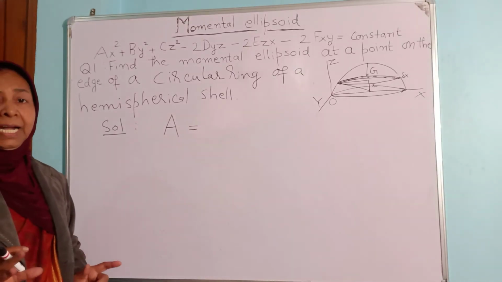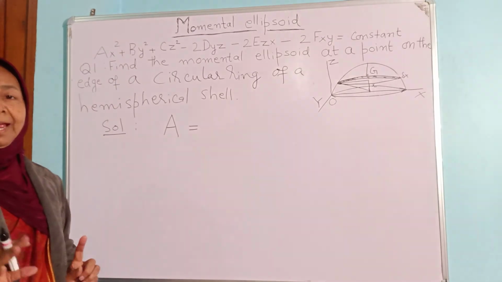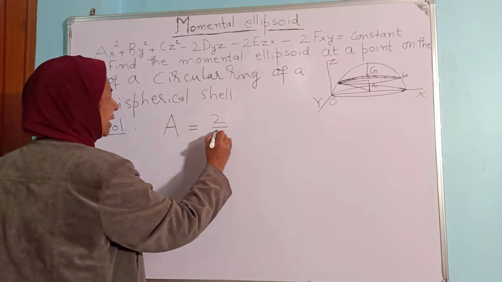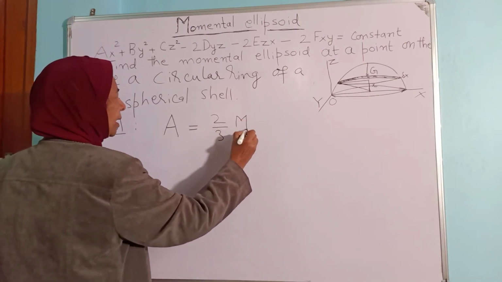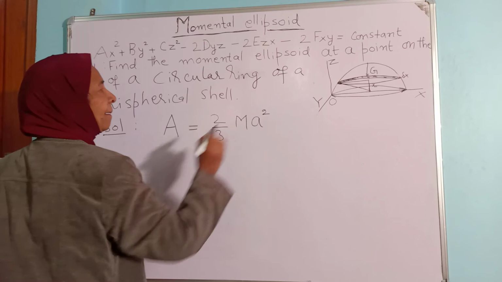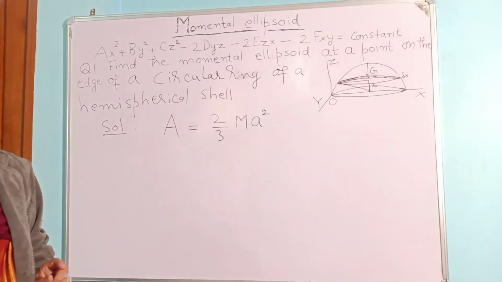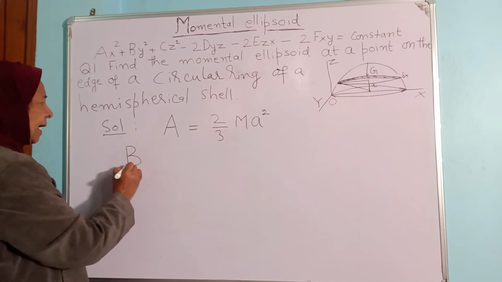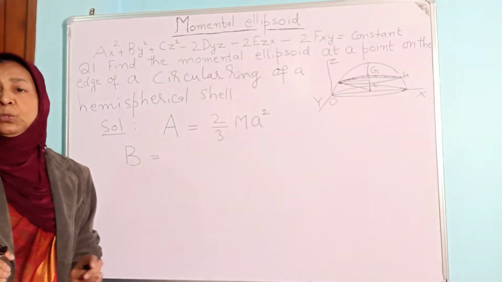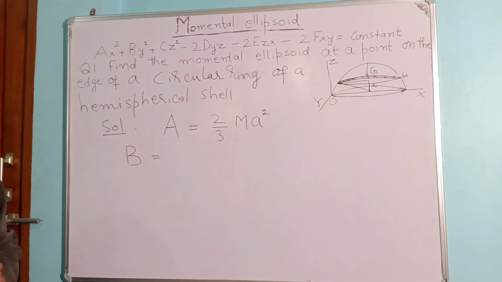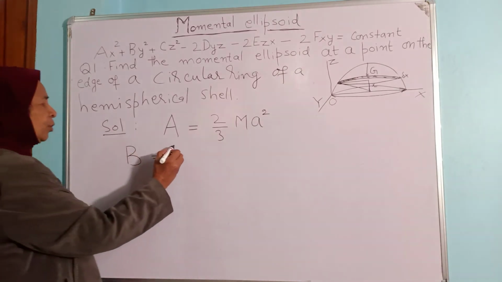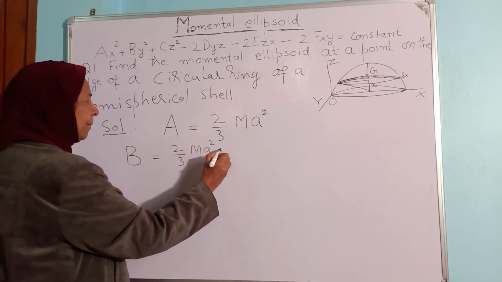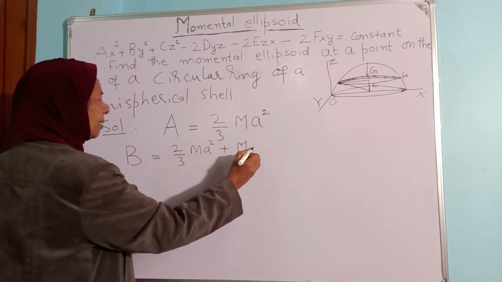So we have done in a question that the value of A will be 2 by 3 ma square. Okay. And then the value of B, here we have to use the theorem of parallel axis, that will be 2 by 3 ma square plus ma square.